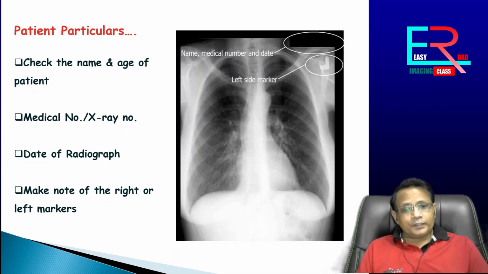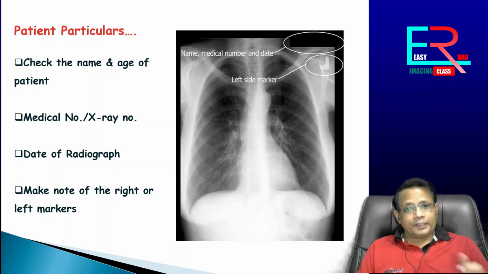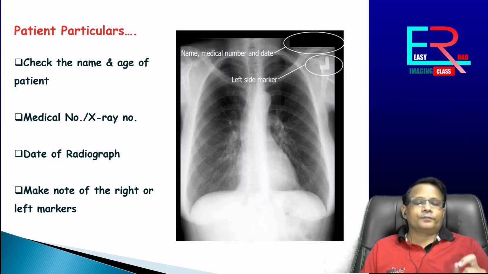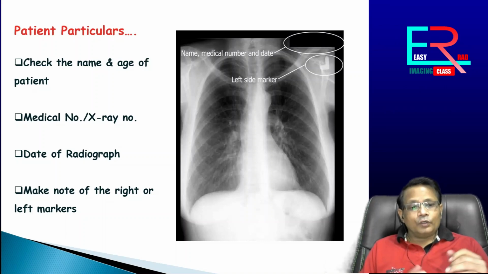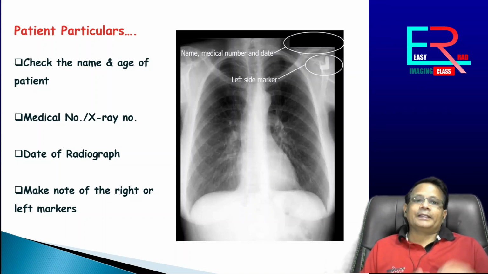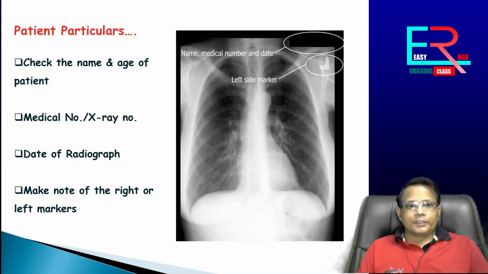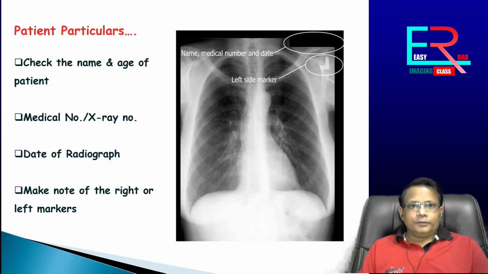If you don't find any marker, left or right, on the chest X-ray, then confirm it from the department or from the concerned radiographer or technician, so we can get the exact side, because we can't decide on the basis of the cardiac position.